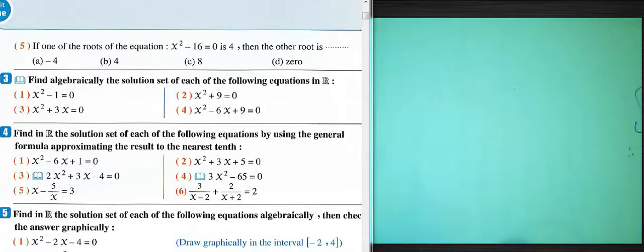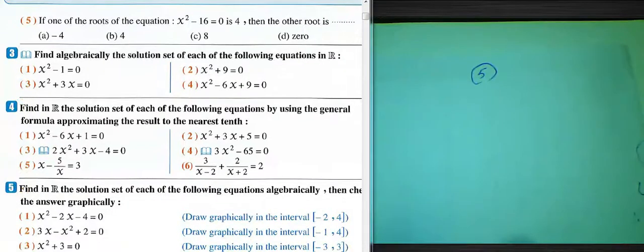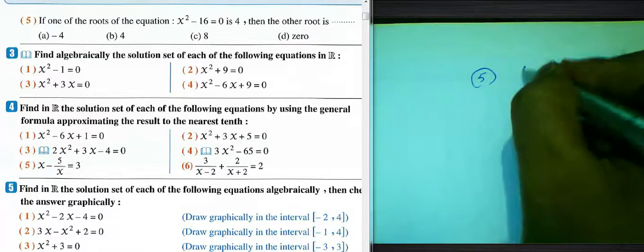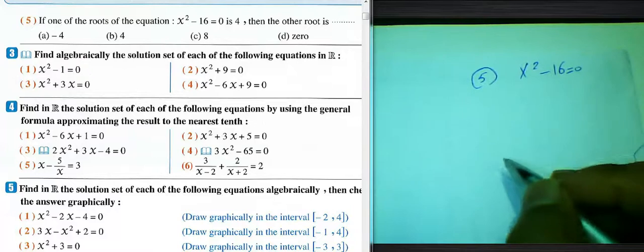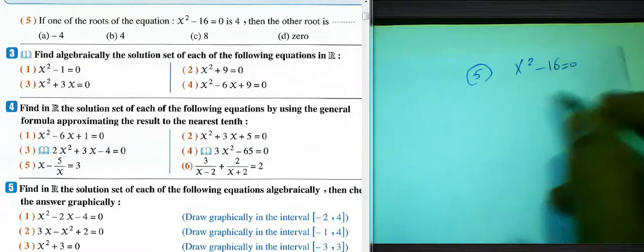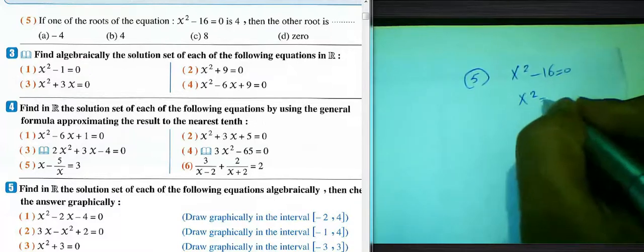Another question. Look at question number 5. If one of the roots of the equation x to the power 2 subtract 16 equals 0 is 4, then the other root is what? Who can solve it? x power 2 subtract 16 equals 0. So we move negative 16 to the right-hand side. x power 2 equals 16.